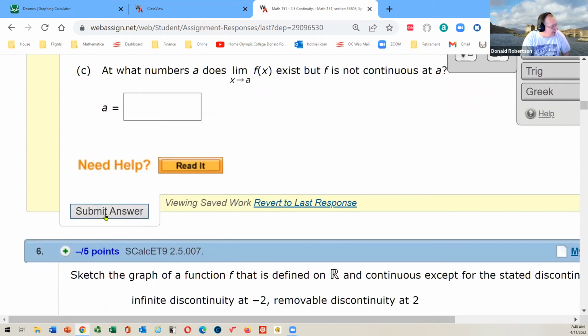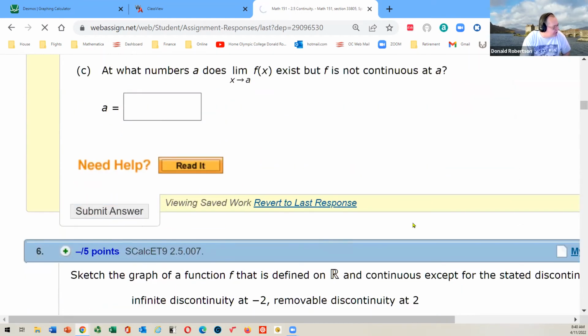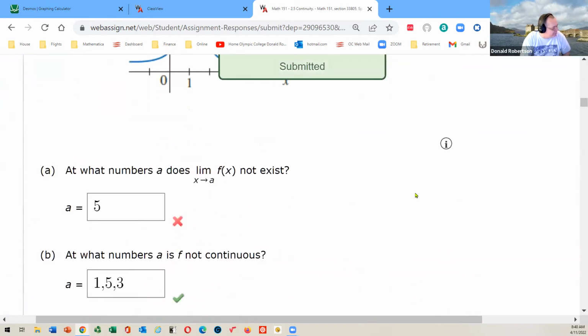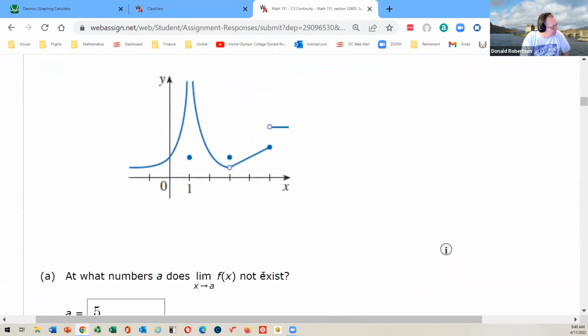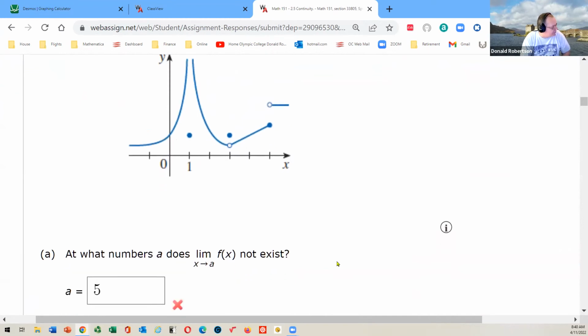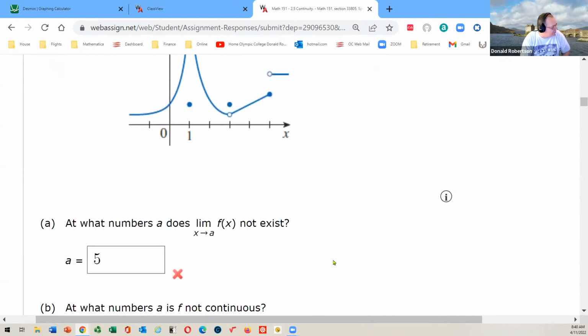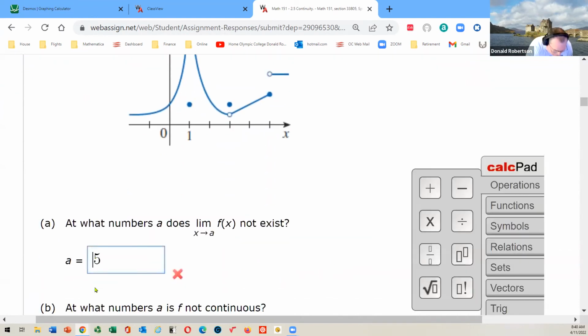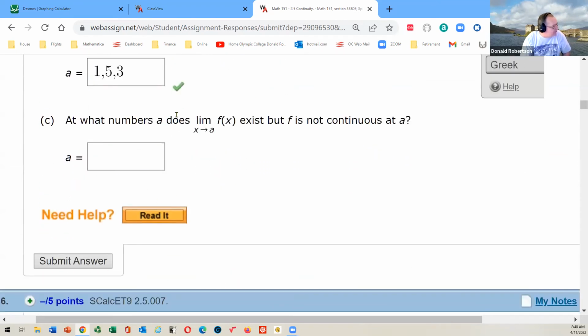And I'm going to submit answer because this is emulating what students get. What do you mean it doesn't exist at 5? Oh, that's because I forgot to put in 1. Okay, that's fine. Yay, it will take them in any order, so you don't need to be careful about numerical order.